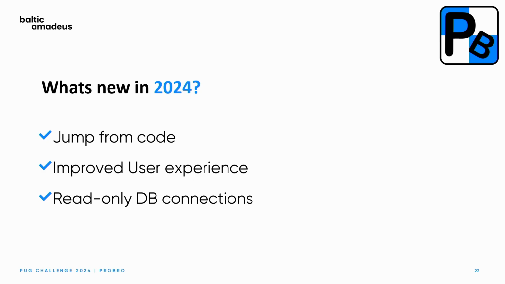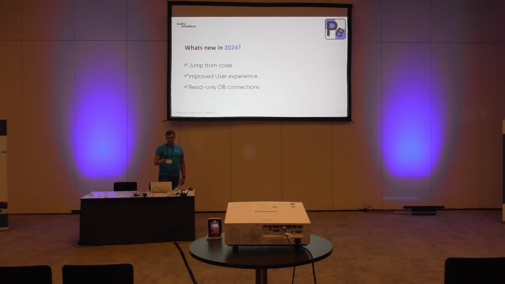which is jump from code. This is an interesting feature where, because we know the database structure, and we have this extension which launches the field views and the data view itself, we can actually map the code.